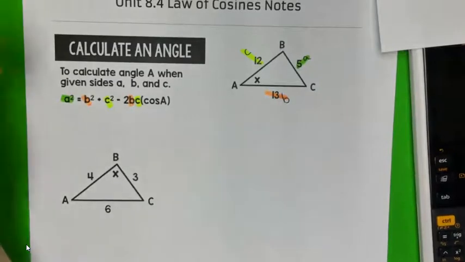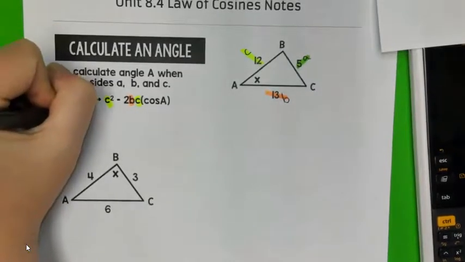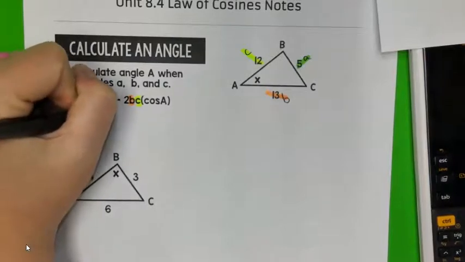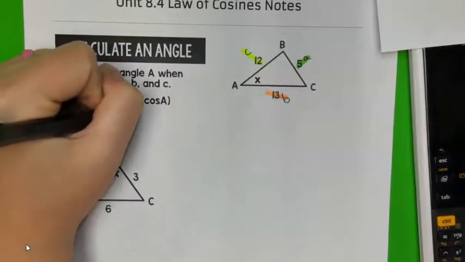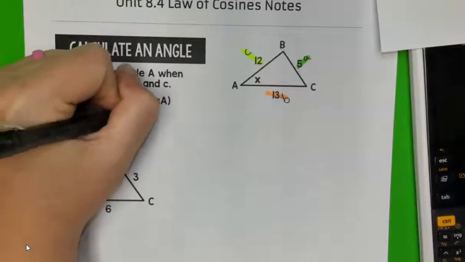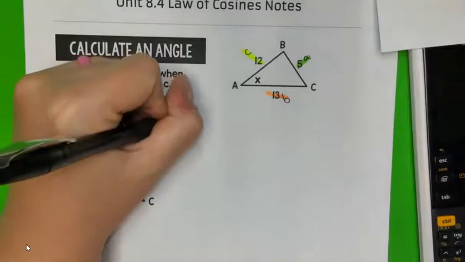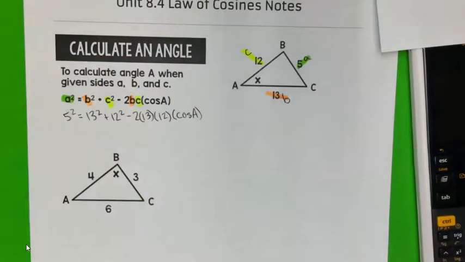Alright, so let's plug everything in. So 5 squared equals 13 squared plus 12 squared minus 2 times 13 times 12 times cosine of A. So I'm going to let you process that for a second.